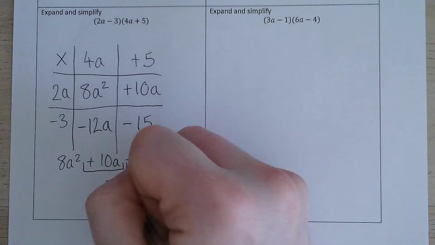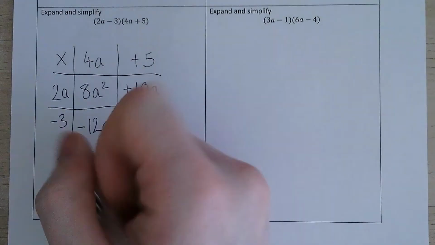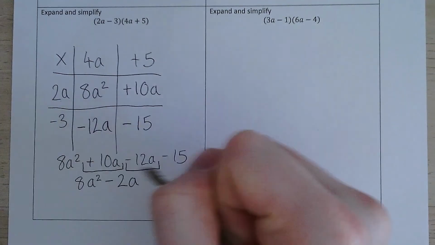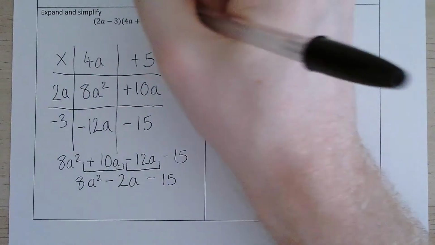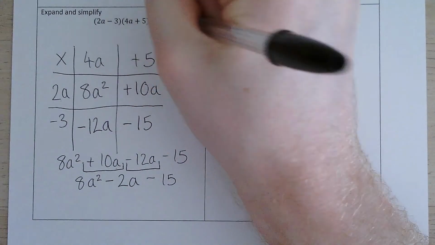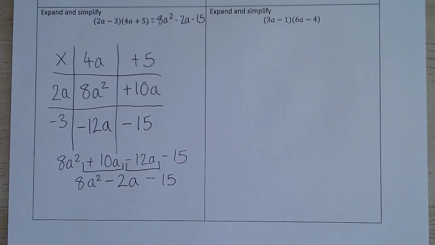That should be minus 2a because we're dealing with terms of a. The other two terms that we've not used drop down. So the final answer for this question is 8a squared minus 2a minus 15.